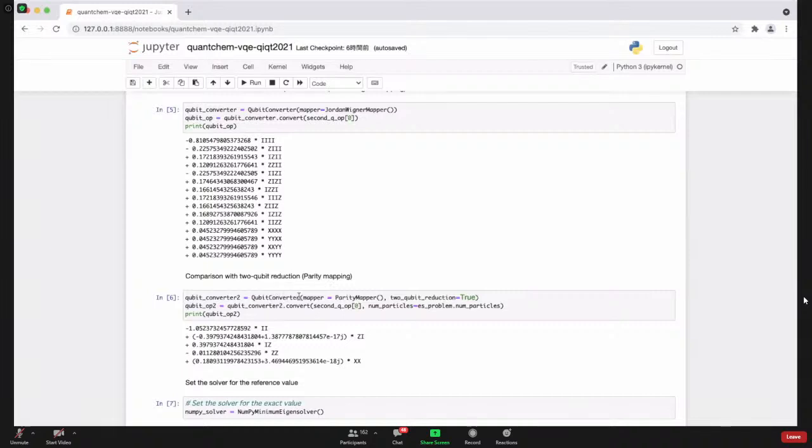I also used a different mapper, and I applied the 2-qubit reduction based on the conservation of the number of particles. Here you can see that 2 qubits are reduced, because this is a 4-qubit problem, but now it's reduced to a 2-qubit problem. By doing so, you can see there's a large reduction in the computation.